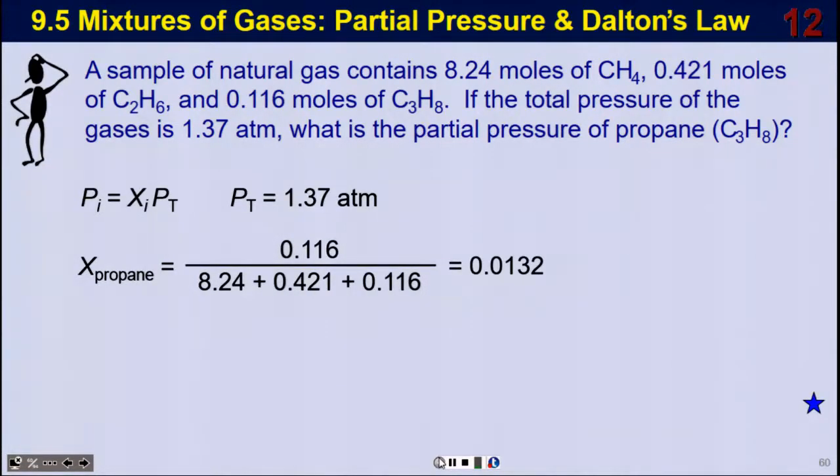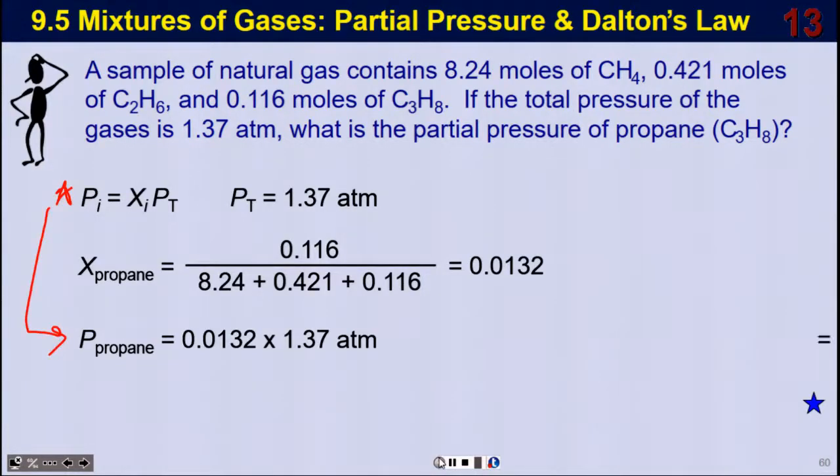Okay, so why they put it in a decimal version here instead of exponential notation. The pressure of the propane then becomes its partial pressure, its mole fraction times the total pressure. So this is using this equation to come up with the pressure of the propane. And that becomes a value of 0.0181 atmospheres, just numbers at this point. So it's a very small component of this sample of natural gas.